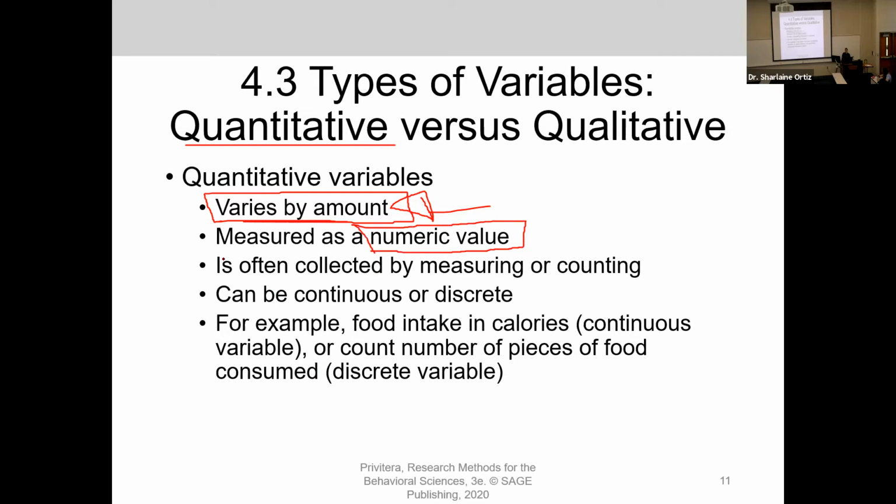Quantity sounds an awful lot like numbers. And how do we gather numbers? We usually do it by counting, isn't it? We usually gather numbers by counting or by conducting a measurement. Interestingly, quantitative variables can either be continuous or discrete.